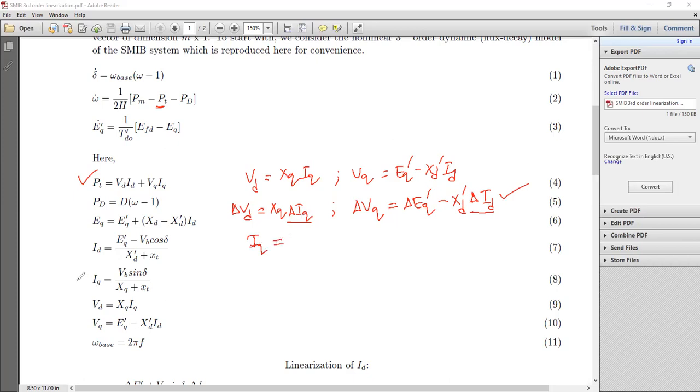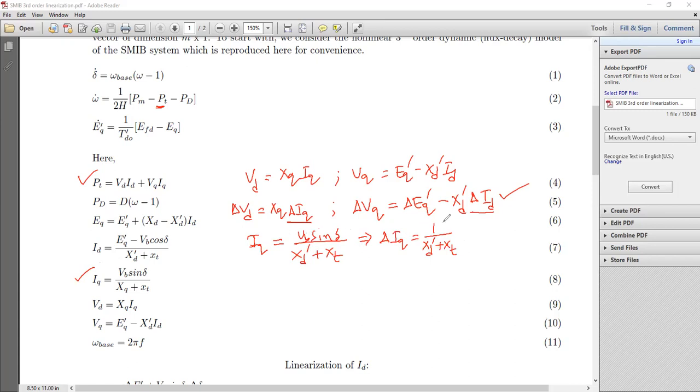We have IQ over here, which is VB sine delta divided by XD dash plus XT. If I write del IQ, then the denominator part is simply some constants.